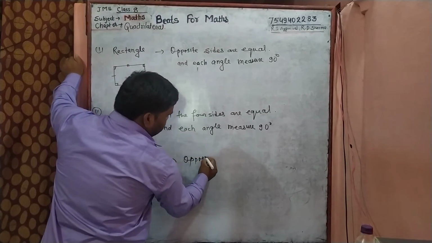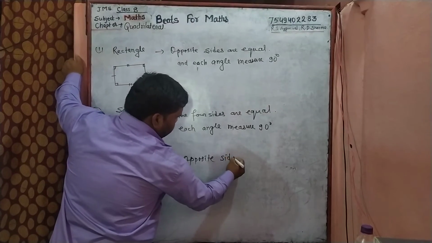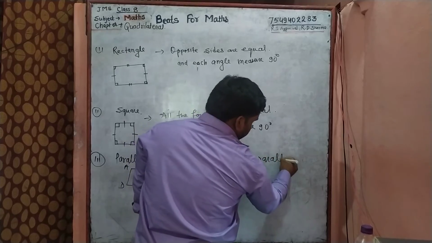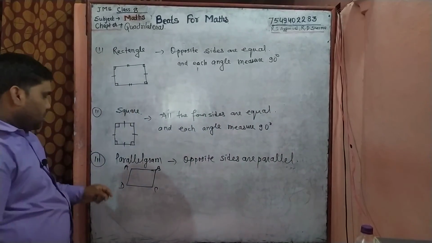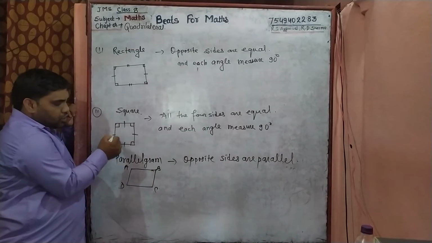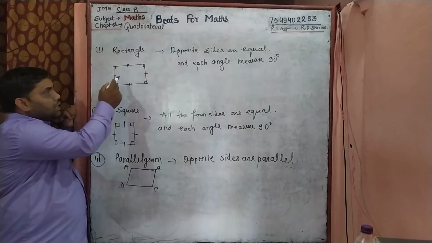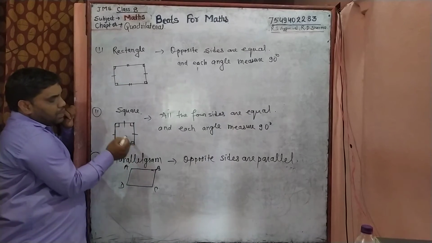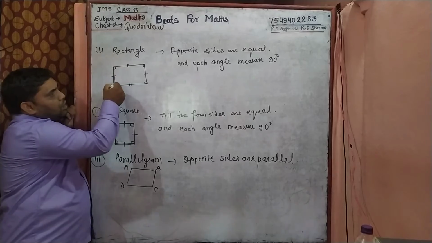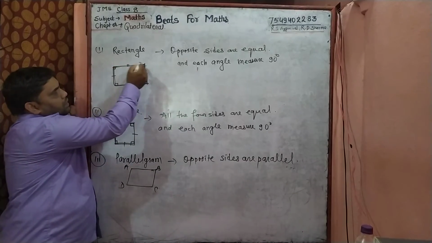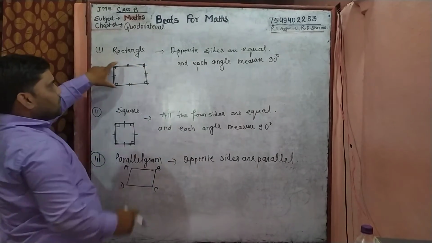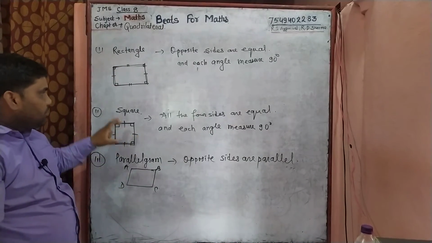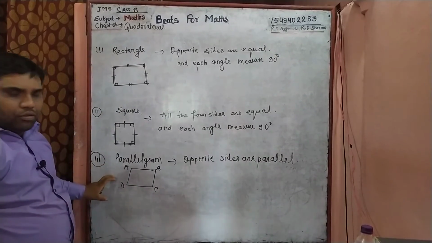Then a square is also a parallelogram. A rectangle is also a parallelogram because in a rectangle also the opposite sides are parallel. In a square also the opposite sides are parallel. This is a rectangle: these two sides are parallel, and these two sides are parallel. Here also this side is parallel. Means rectangle and square both are parallelograms.